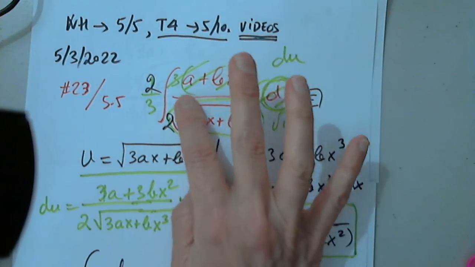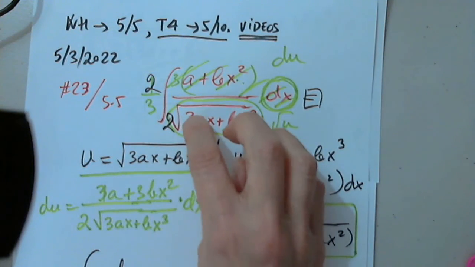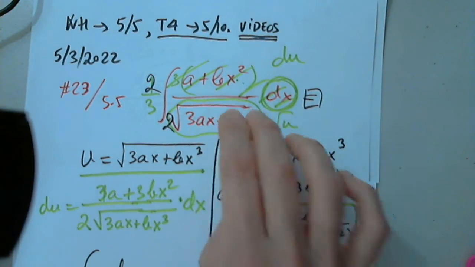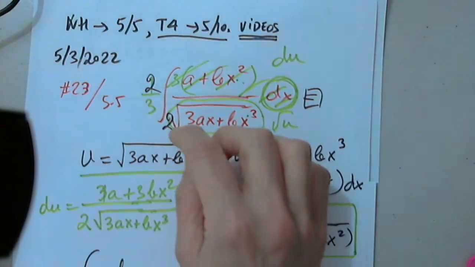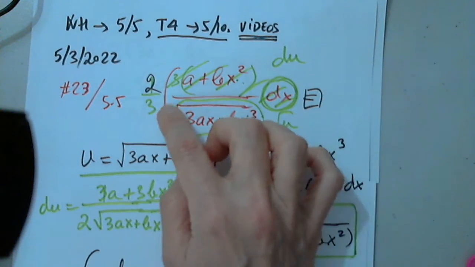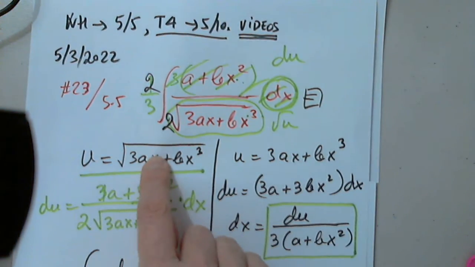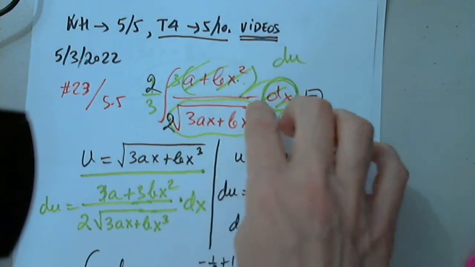I can simplify the square root of a product, but not the sum or difference. So that's my first thought, to consider this u. The second thought is the fact that it's in the denominator. The square root is in the denominator. And I know that when I differentiate this, I will get something with blah, blah, blah over the square root.